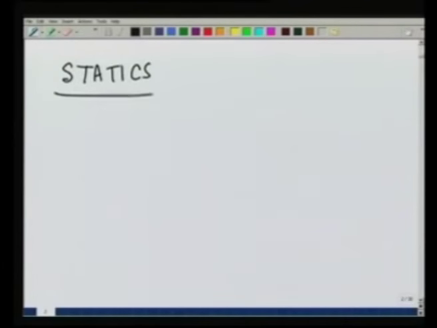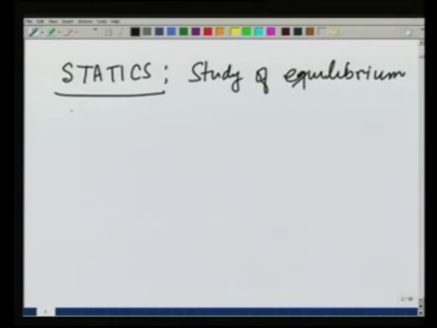In the first part, we are going to focus on statics, which is the study of equilibrium between different bodies.